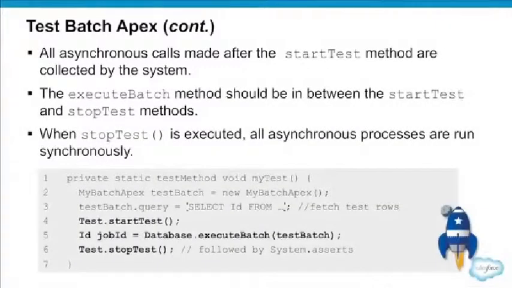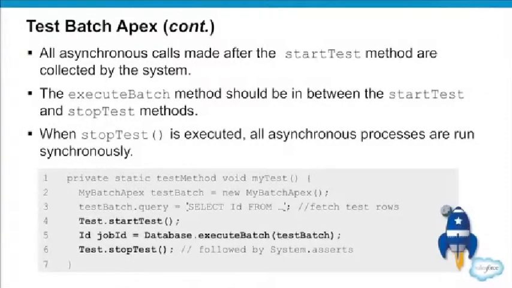The other important thing, whether it's asynchronous Apex or batch Apex, a fundamental problem would be if it's running sometime in the future, how can I verify that it actually did what it was supposed to do? When you use test.startTest and test.stopTest, test.stopTest has a very important implication on asynchronous and batch Apex.